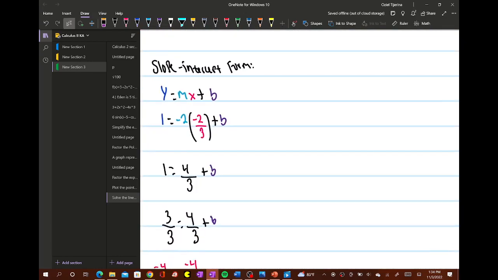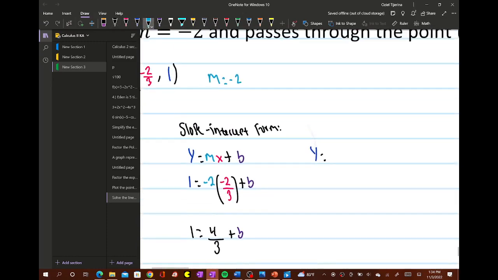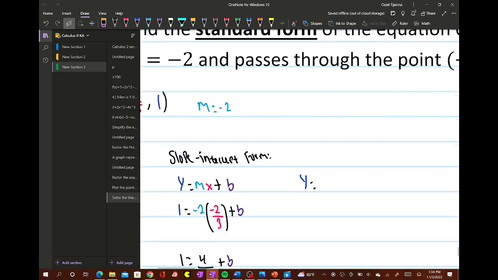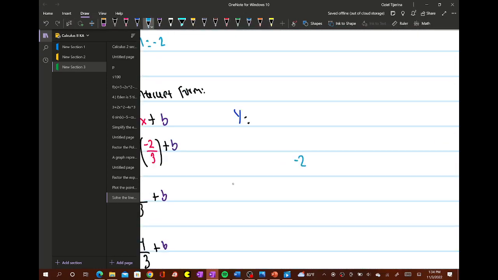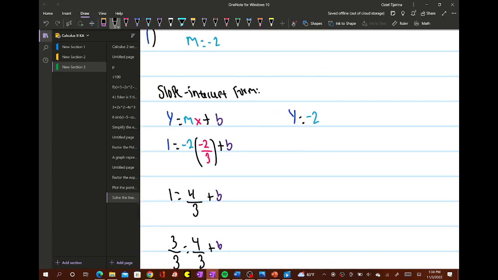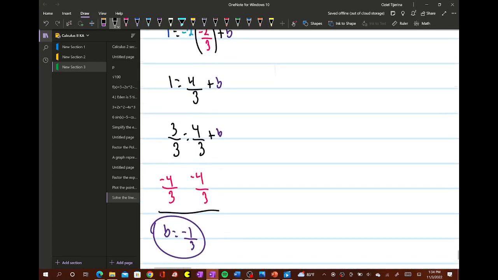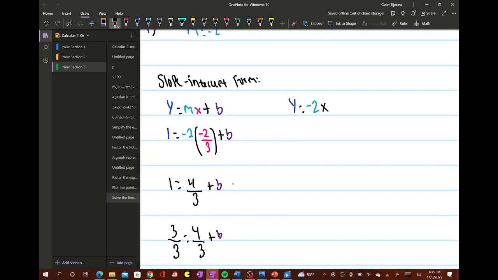Okay, so we have the slope-intercept form of the equation. So we can say y equals, actually no, it's -2, so it should be negative 2 x, and then b was negative 1/3, so minus 1/3.